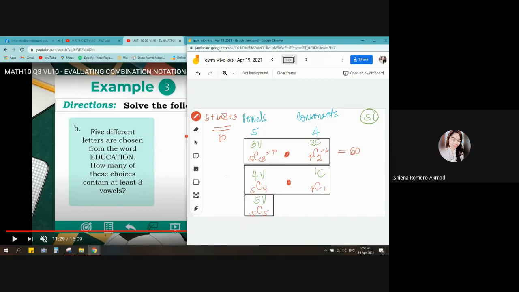How about this one, 5 taken 4 at a time?